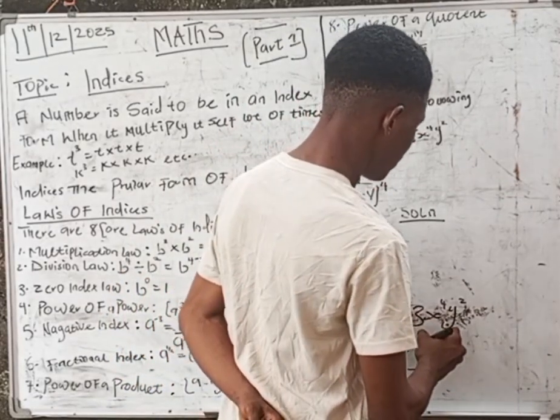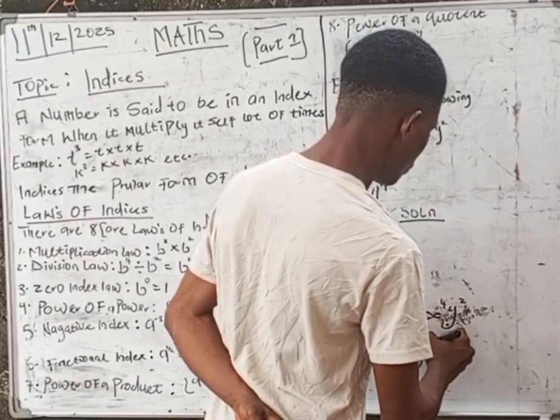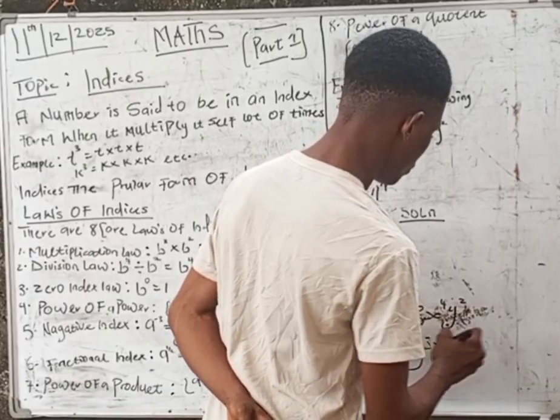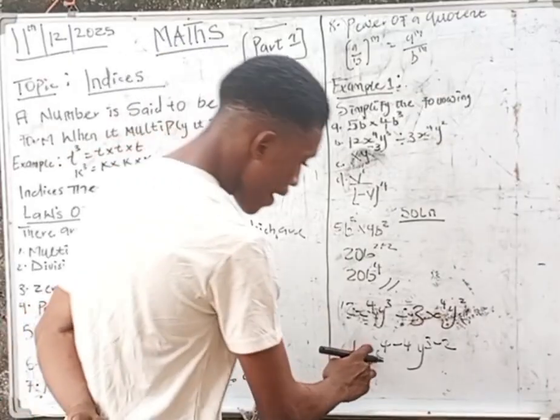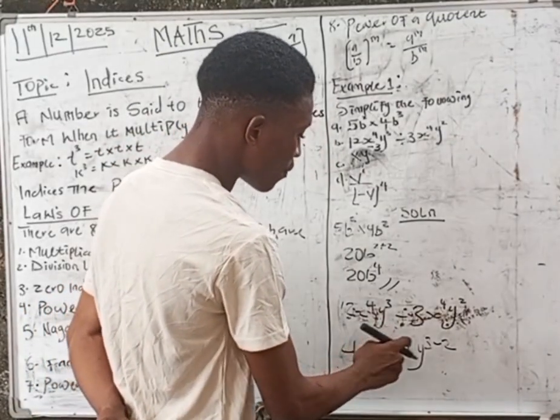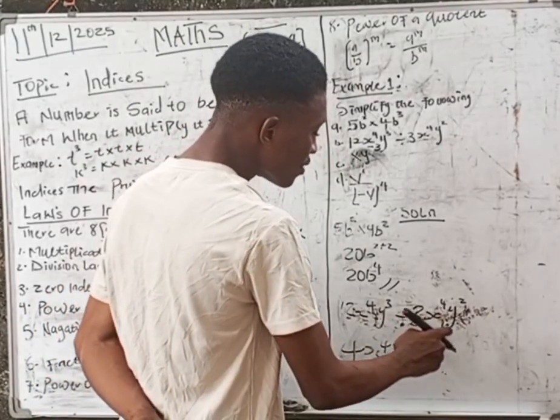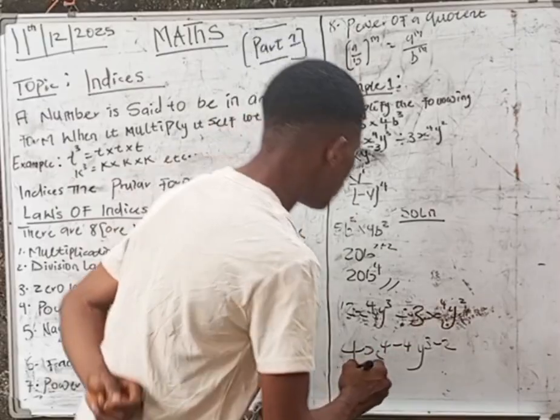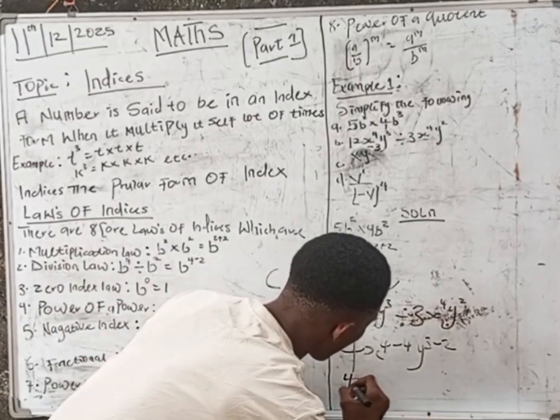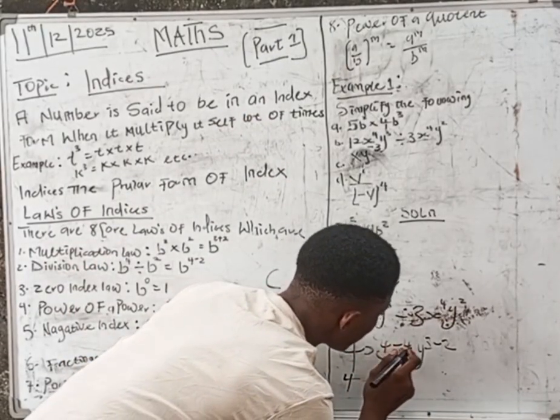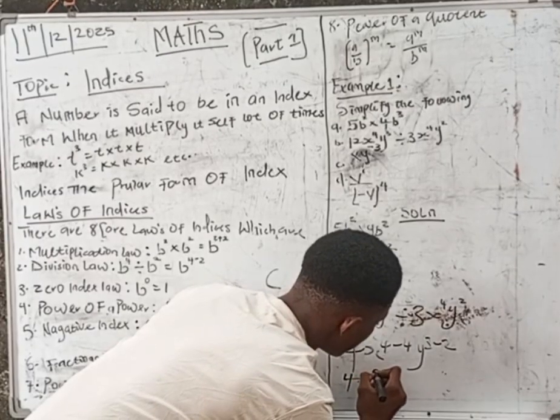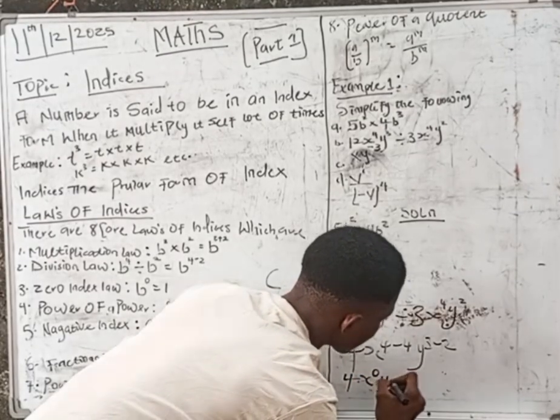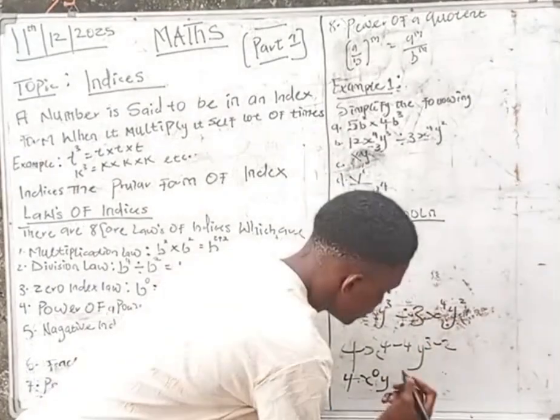Here is 3, here is 2, so it will be minus 2. So we now have 4x raised to the power of 4 minus 4, then y raised to the power of 3 minus 2. So 4 minus 4 is 0, so we have x raised to the power of 0, then y. 3 minus 2 is 1.